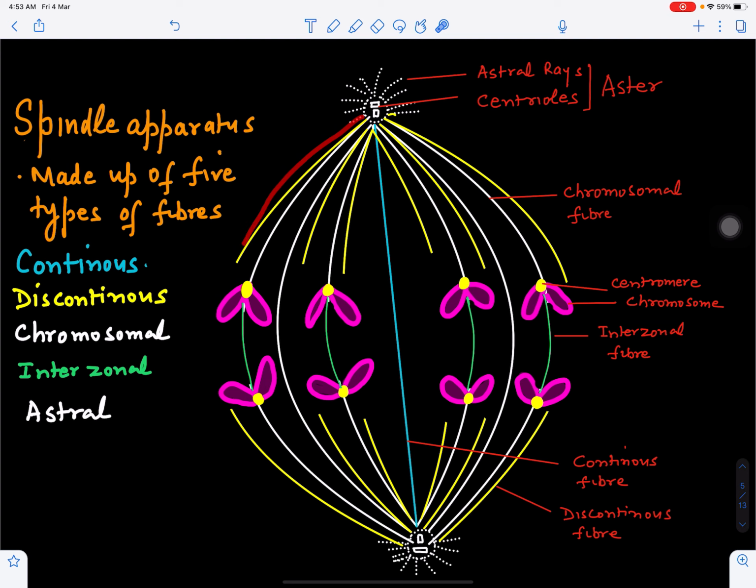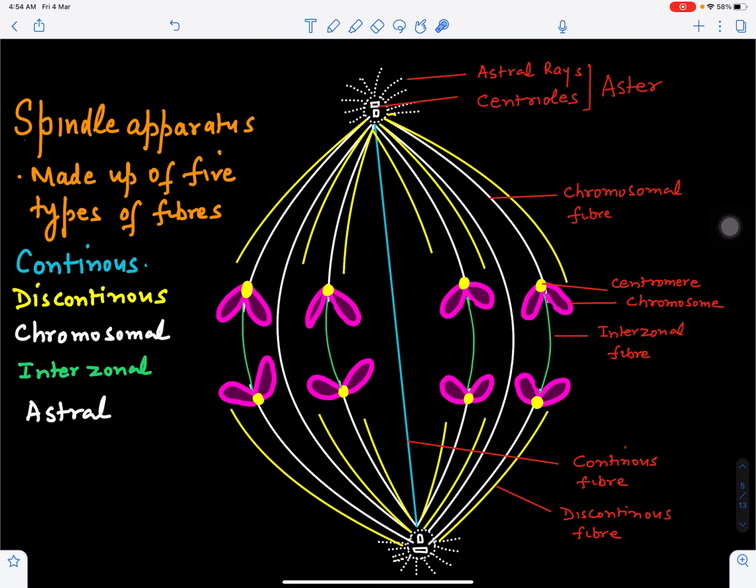These yellow fibers are not continuous from one end to the other, so they are discontinuous fibers. Then the fibers to which chromosomes are attached, like this white fiber, are called chromosomal fibers. The centromere and chromatids of the chromosome are attached to this chromosomal fiber. Now these two chromosomes are joined by fibers called interzonal fibers.